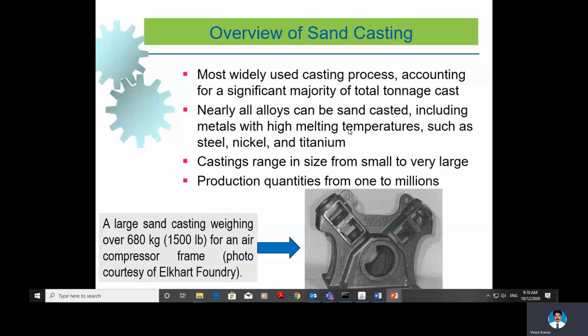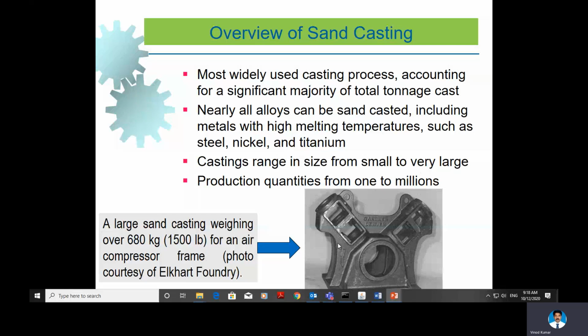Castings range in size from small to very large, and the production quantities can be from 1 or 2 millions per annum. This is a compressor frame, which is produced by a sand casting process.